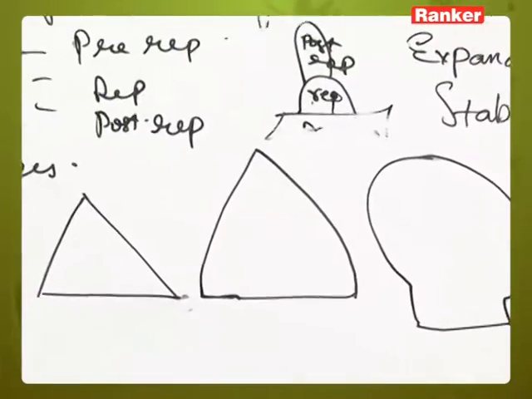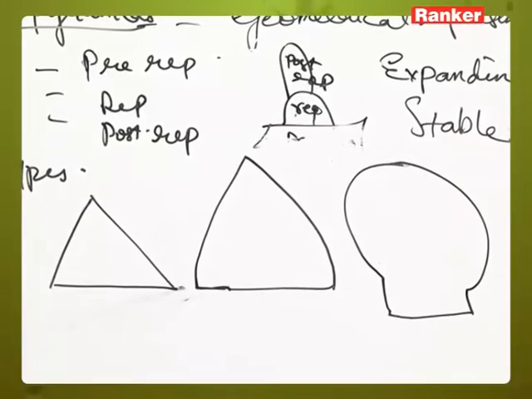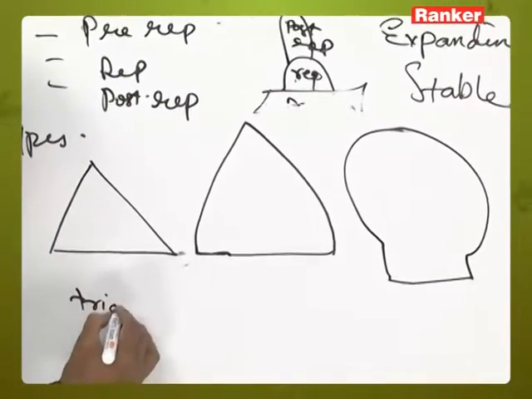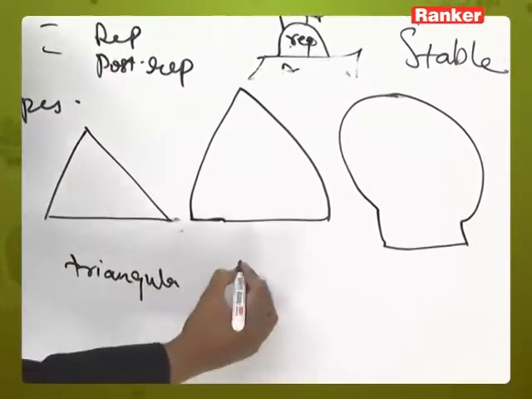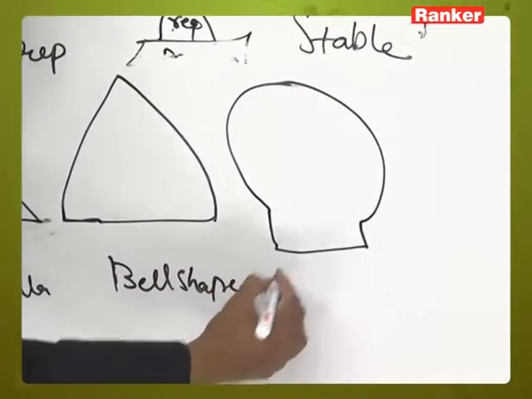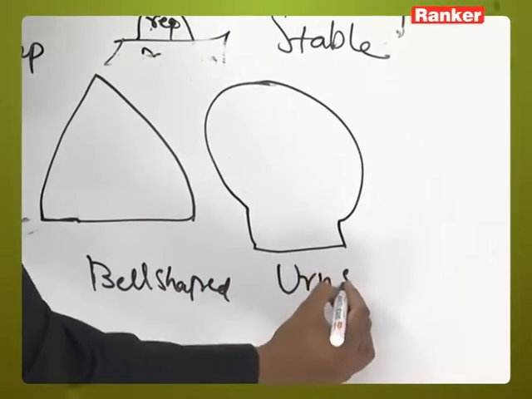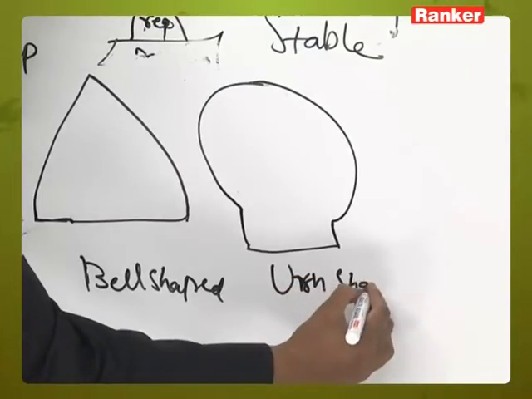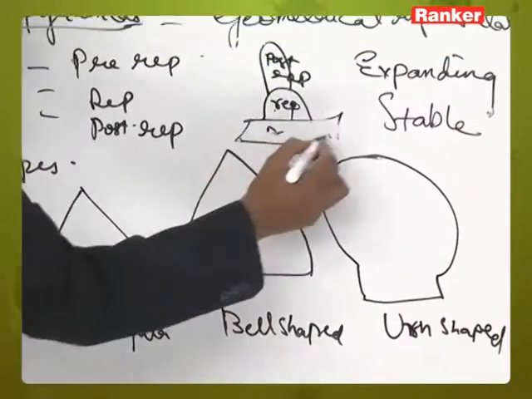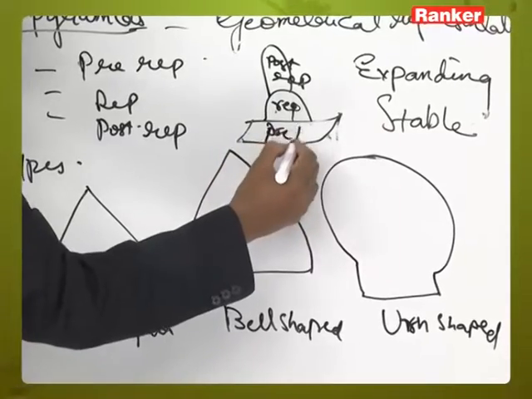Okay, the age pyramids can be studied under 3 pyramids. Those are called triangular, next bell shaped, next urn shaped. Okay, here remember the base is always occupied by the pre-reproductive phase.